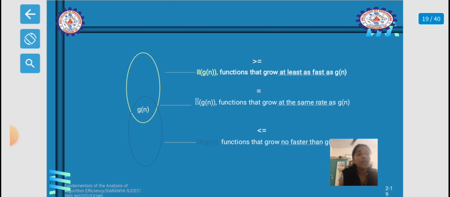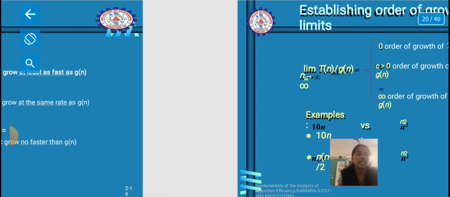Omega of g of n is the class of functions that grow at least as fast as g of n. O of g of n is the class of functions that grow no faster than g of n.